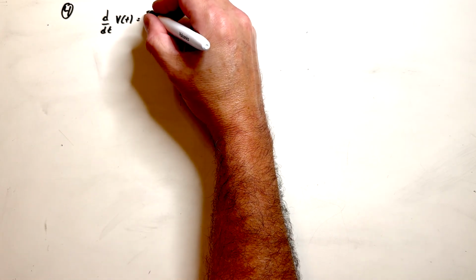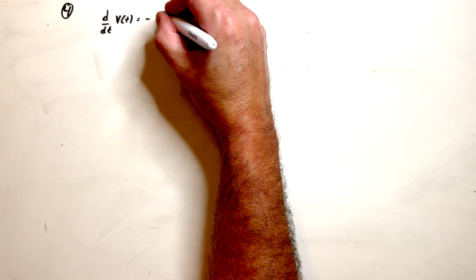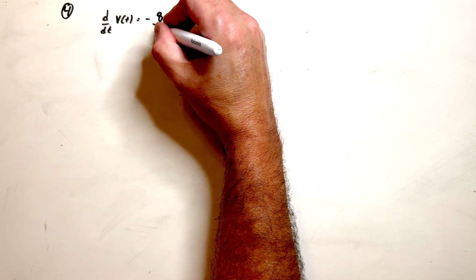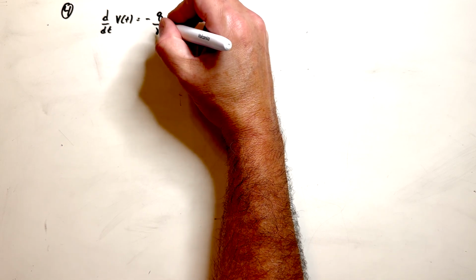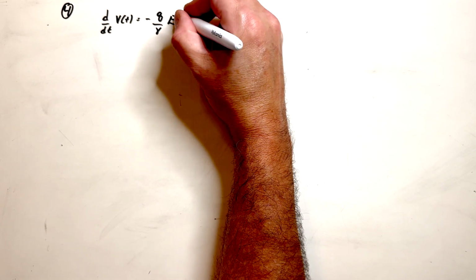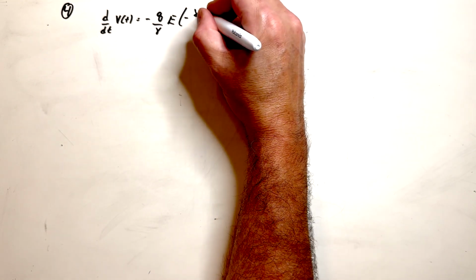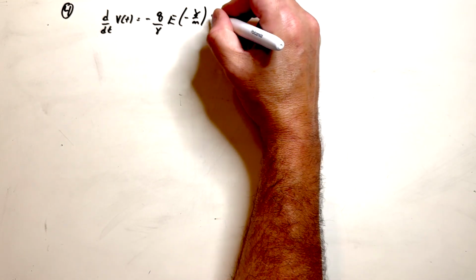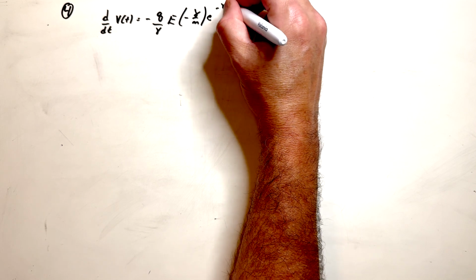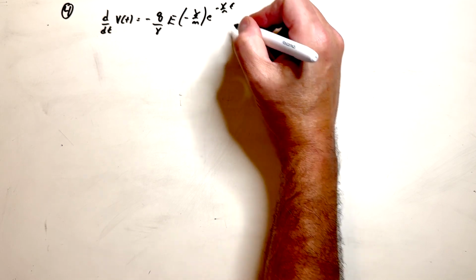And that's going to give us minus q over gamma times E times minus gamma over m times e to the minus gamma over m t.